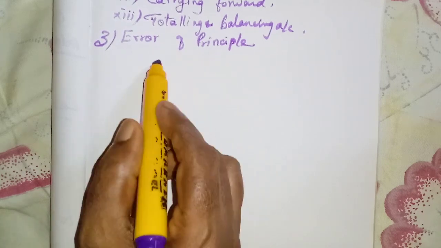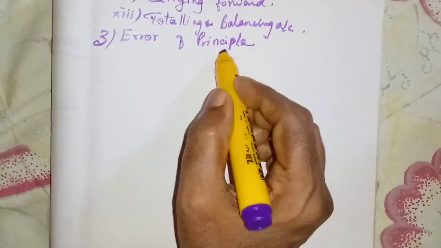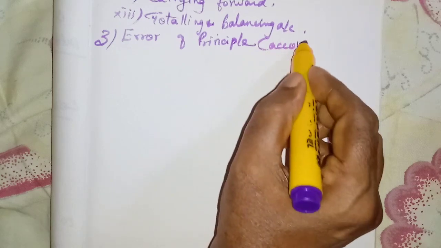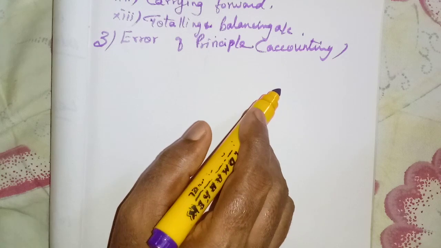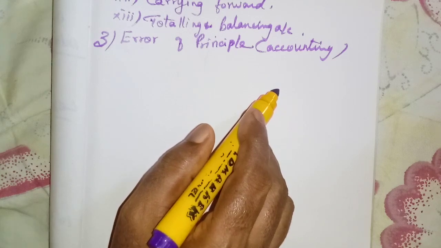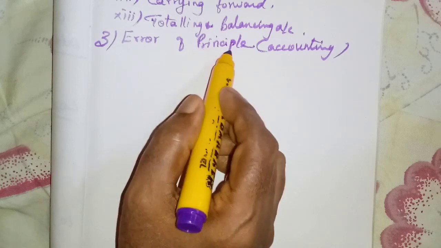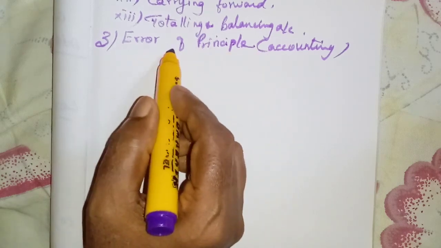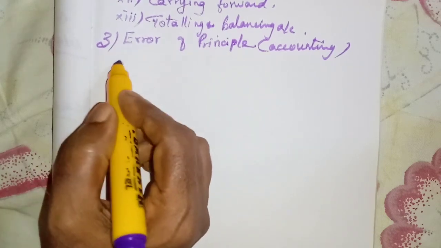That mistake committed in the application of fundamental accounting principles. We know the accounting principles, dual aspect concept, matching concept. If they make any error in the application of the rules of accounting, that type of error is called error of principle.